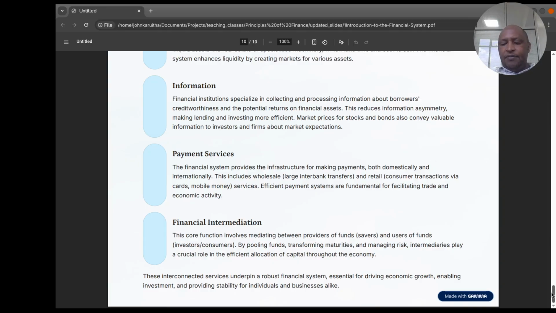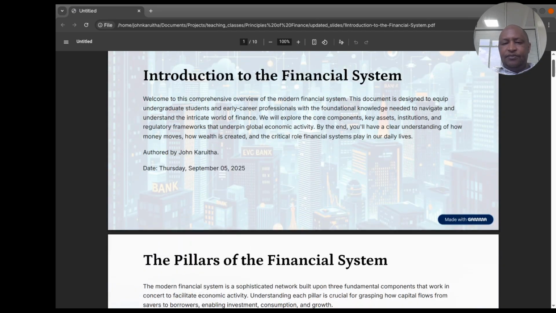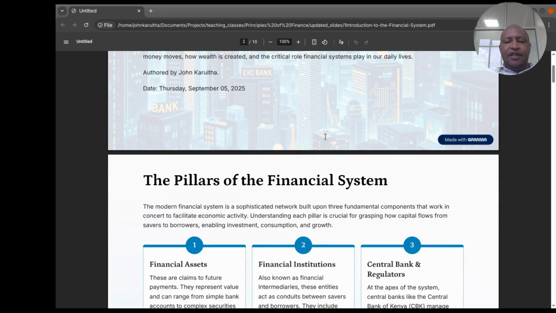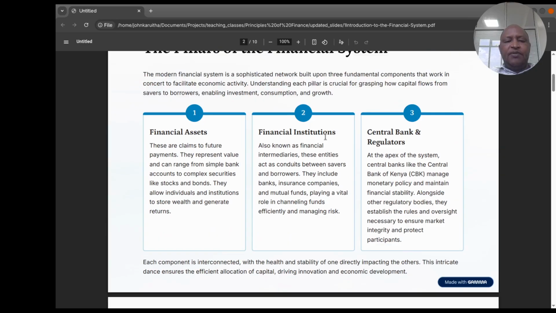To link up, we have said the financial system is made up of three components: financial assets. Just to give examples, not commercial banks, it is money, cash money, shares in a company, bonds, foreign exchange, securitized loans, and many others.